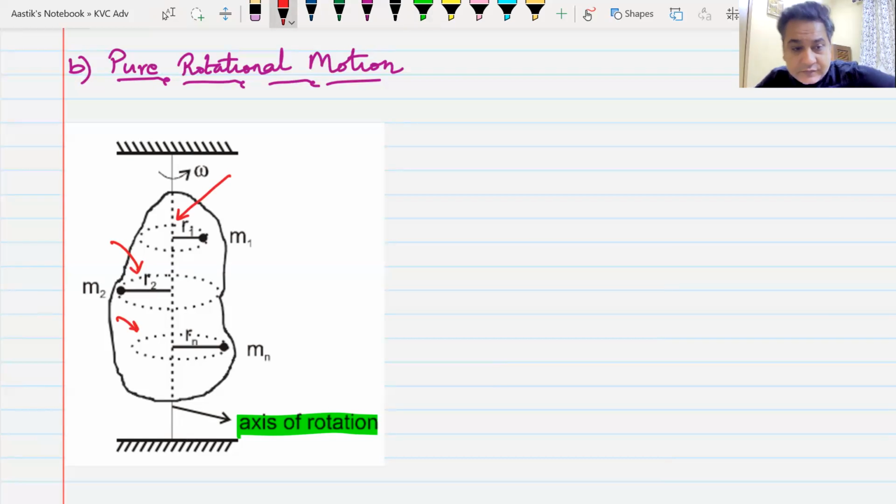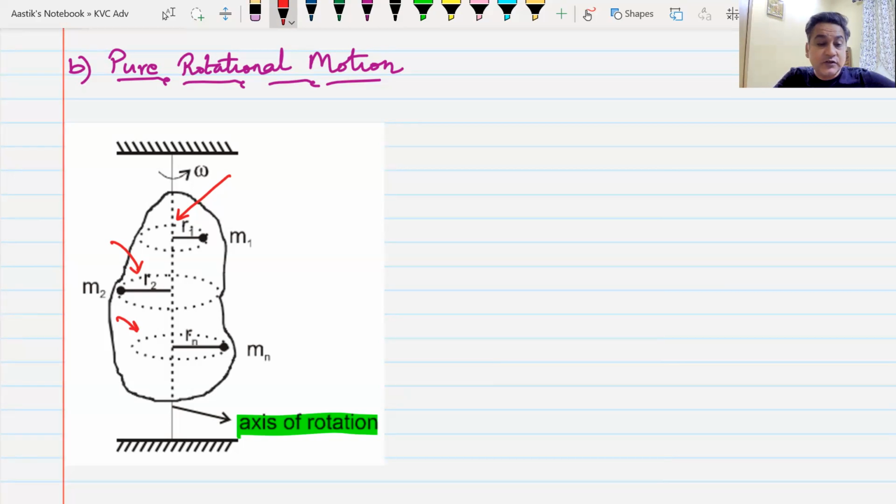If a rigid body of any shape is moving in such a way that all the particles of the body are moving in a circular path, the centers of those circles should lie on one line, not two different lines. If there are two different lines, it's not rotational.